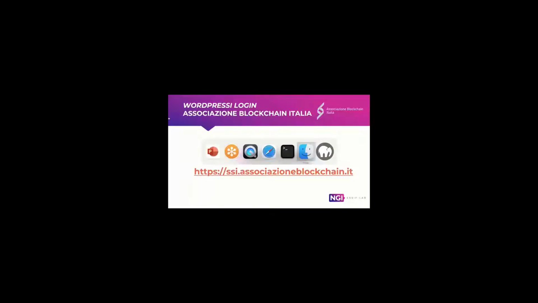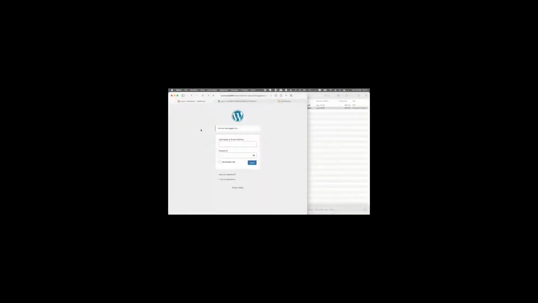And first of all, I want to show you how simple it is for an administrator to install the plugin on a fresh instance of WordPress. So all the administrator has to do is to drop in the plugins folder the SSI plugin, and then he can log in to the new instance of WordPress and activate it.